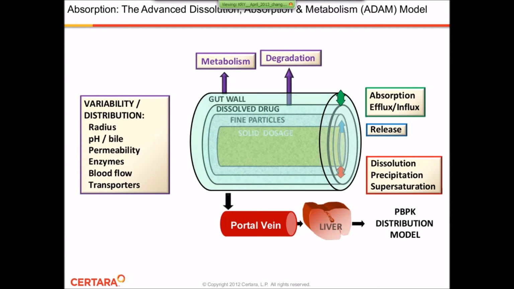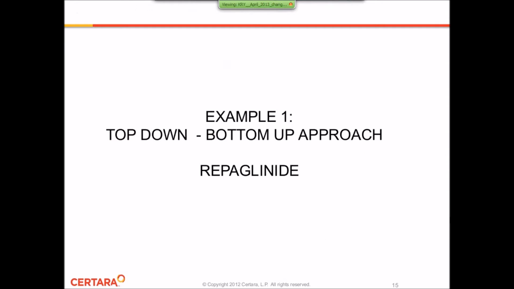So this is just to show you what happens: the absorbed drug and the metabolized drug then gets incorporated in the portal vein, liver, and then taken through into the full PBPK model.